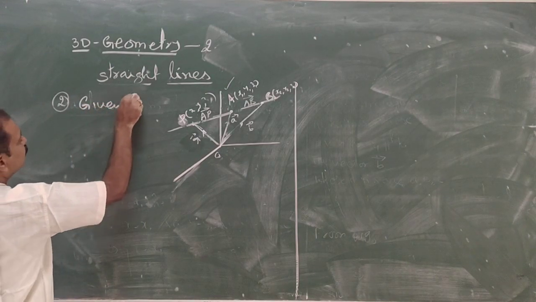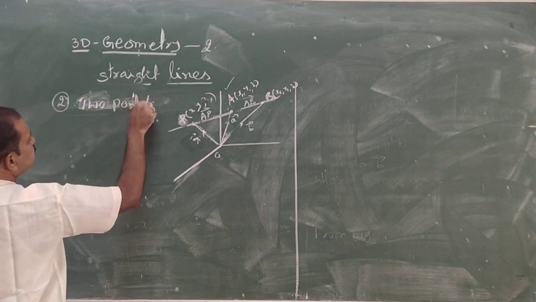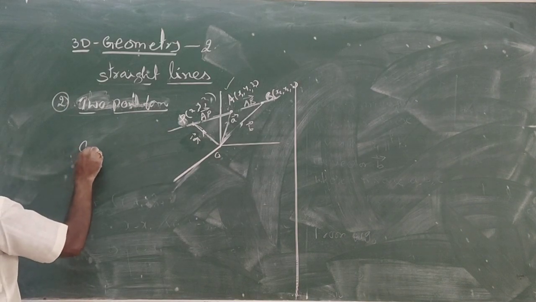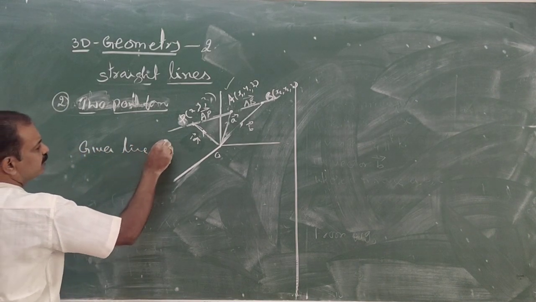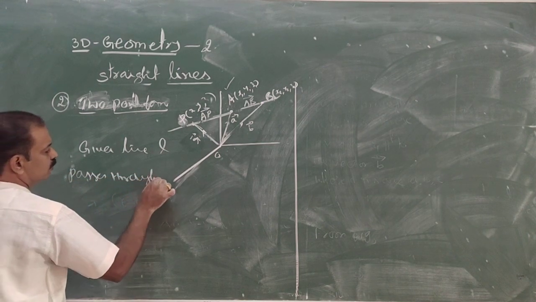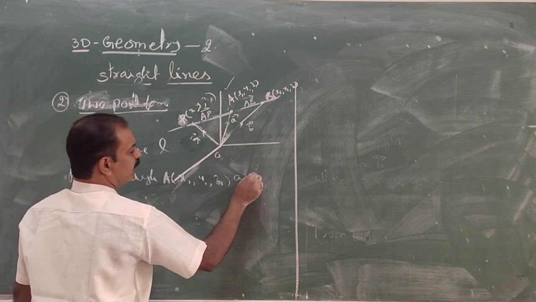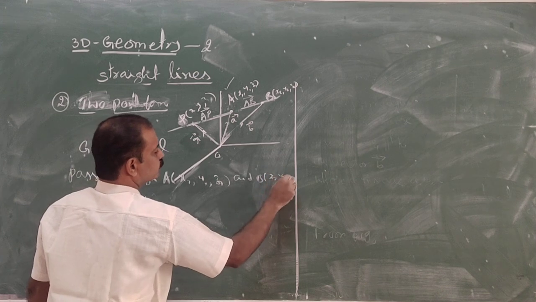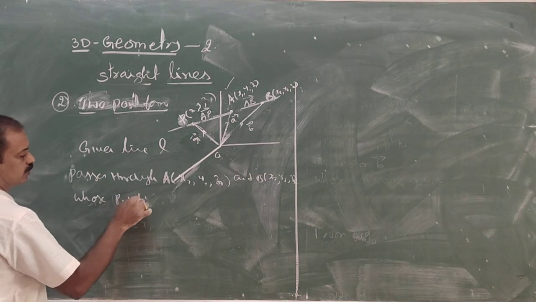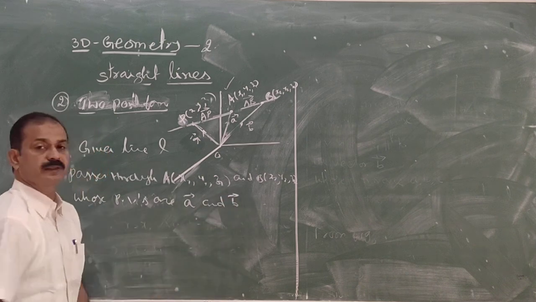Given line, or you can write two-point form. Heading: two-point form. Given line L passes through A of (x1, y1, z1) and B of (x2, y2, z2) whose position vectors are a and b.